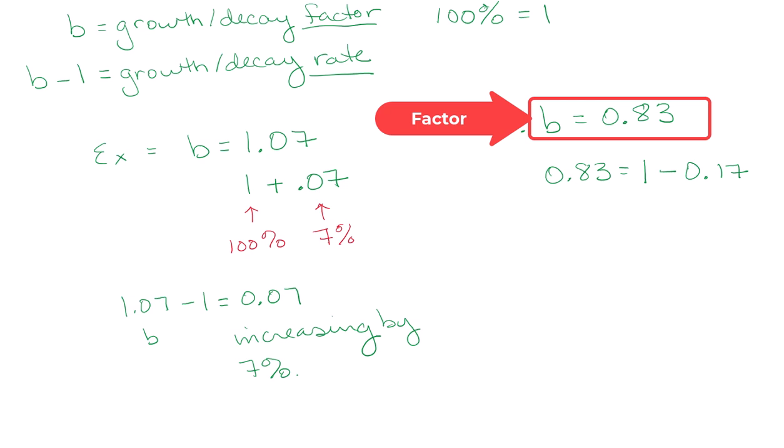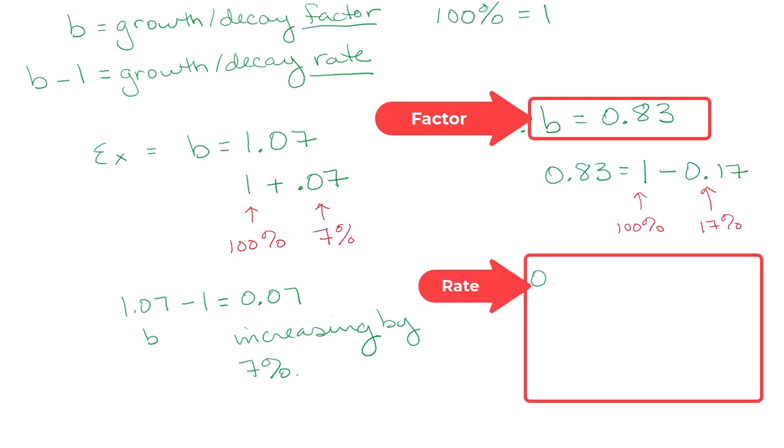In other words, we started with 100% of our original, and we decreased it by 17%. So our b of 0.83 minus 1 gives us a negative 0.17. So it is decreasing by 17%.